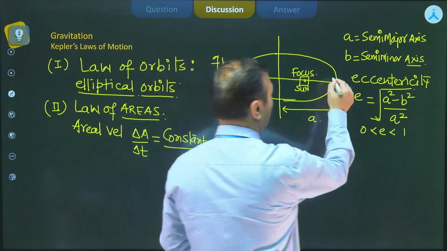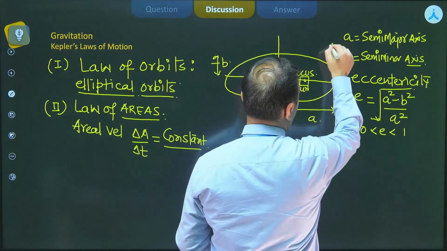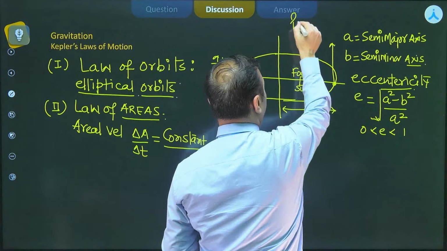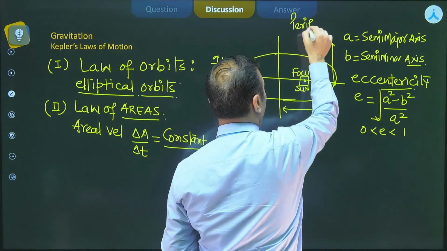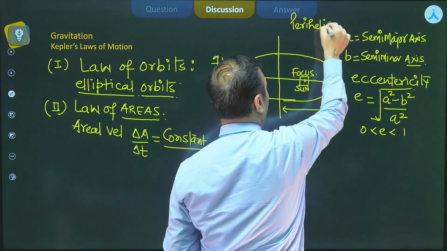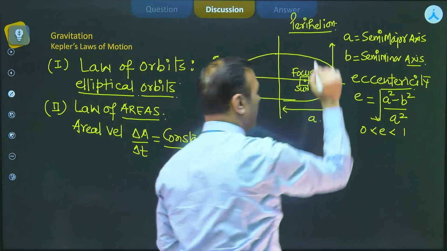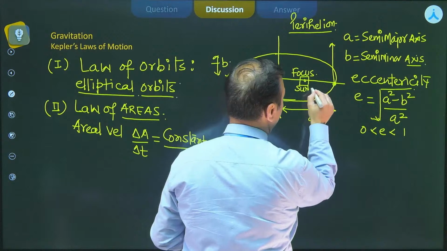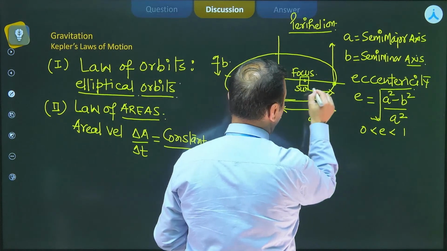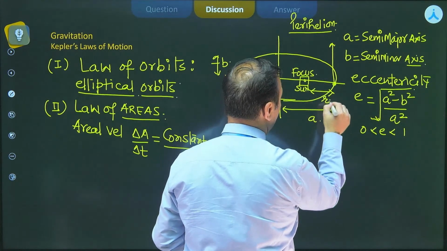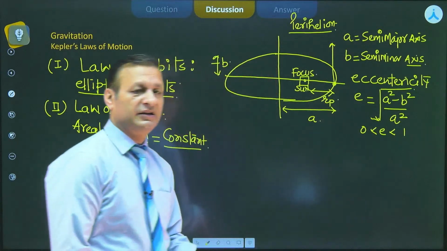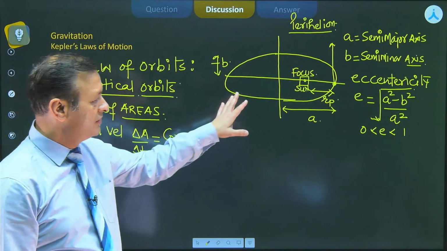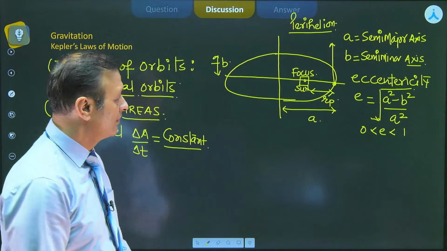When the Earth is closer to this position, this position is your perihelion, the nearby position, and this distance is RP, the distance from the sun.